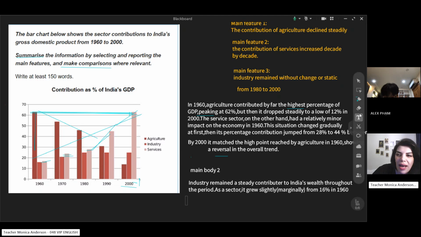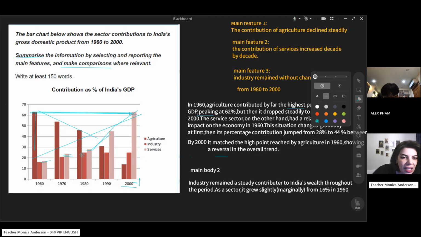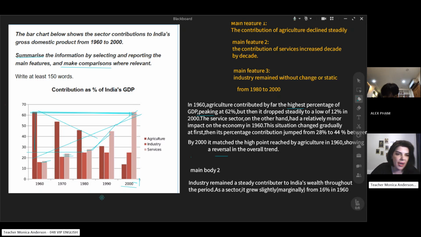This percentage is exactly 25%, a quarter. Do you remember? A quarter is 25%. So 25% in 1980. This is about the beginning. Then what happened? Then it remained static.